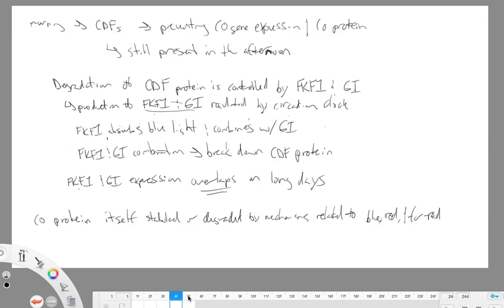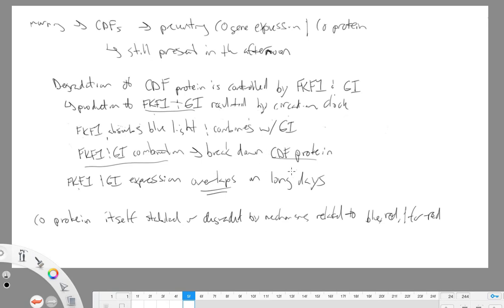At the same time, if we get to a long day situation for our long day plants, we have the production of both FKF1 and GI, and on those long days, their production overlaps. And when their production overlaps, these two will combine and will form this complex that further breaks down any CDF protein that had been produced in the morning.